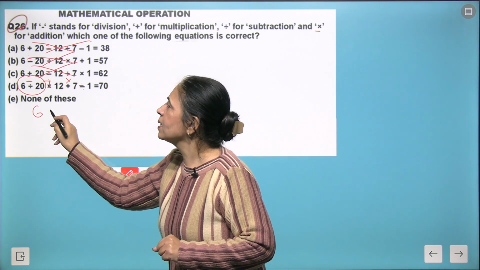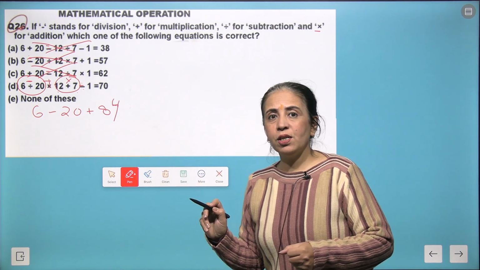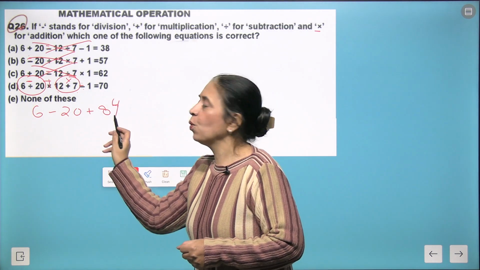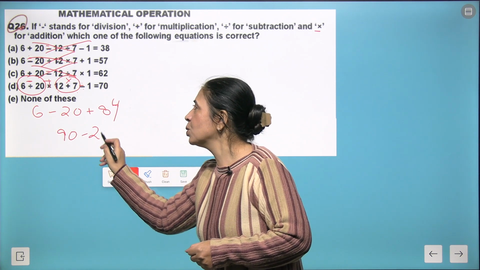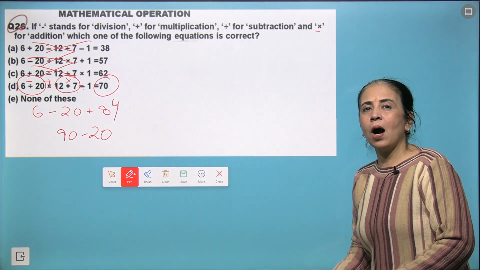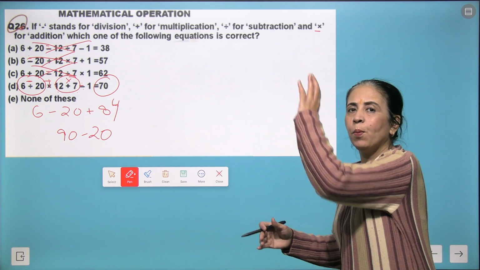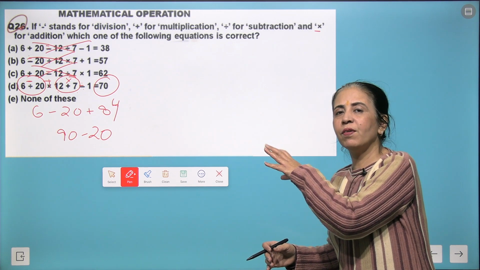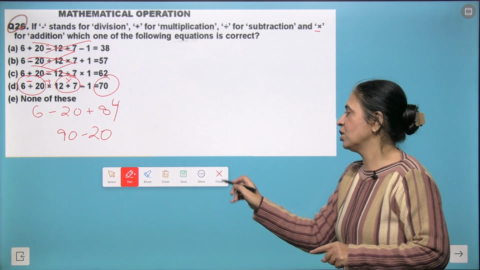We get 6 minus 20. So 12 times 7 is 84, and now if you add 84 and 6, that becomes 90 minus 20, and here we got the right answer. So this is how we deduce the answer, by removing most of the formulas that are given, and it simplifies and reduces your calculation time.